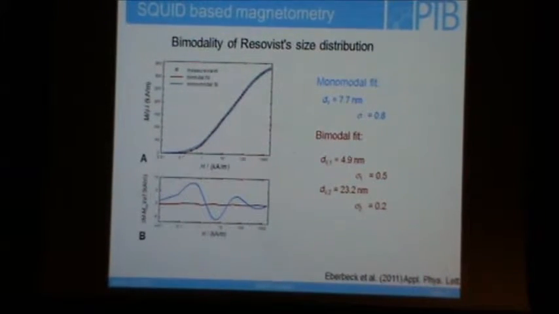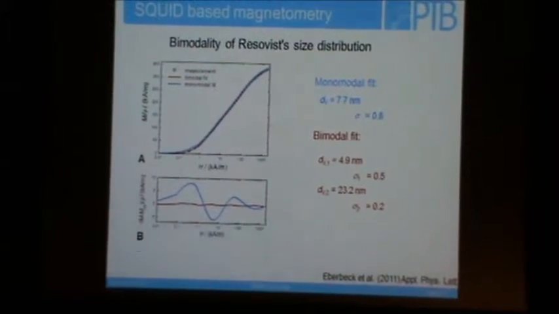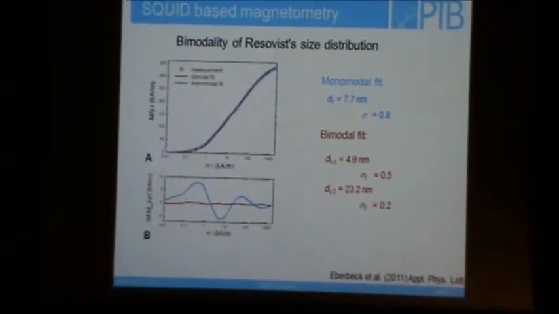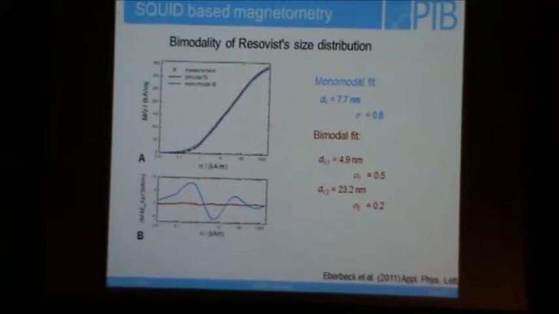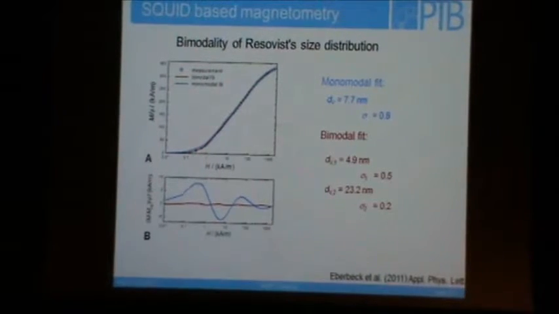And you can see that this is again such a nice curve. And if you fit this curve according to the procedure I've shown you before, we end up at a mean diameter of 7.7 nanometers in a very broad distribution indicated by sigma close to 1. This does not make sense, because we know that the particles in Resovist are much smaller than 7 nanometers.